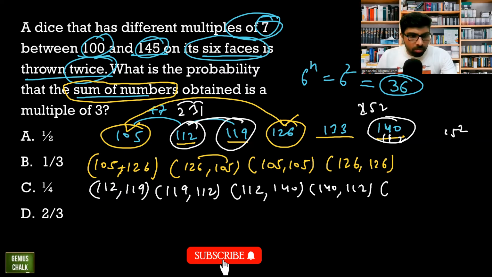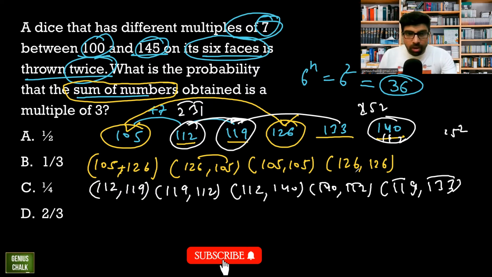Afterwards, if I come to 133, I can take 119 with 133. The sum is, you see, don't add manually, just add the digits: 4 plus 1, 5. 5 plus 4, 9. 9 plus 2, 11. 11 plus 7, 18. So this also will cancel.